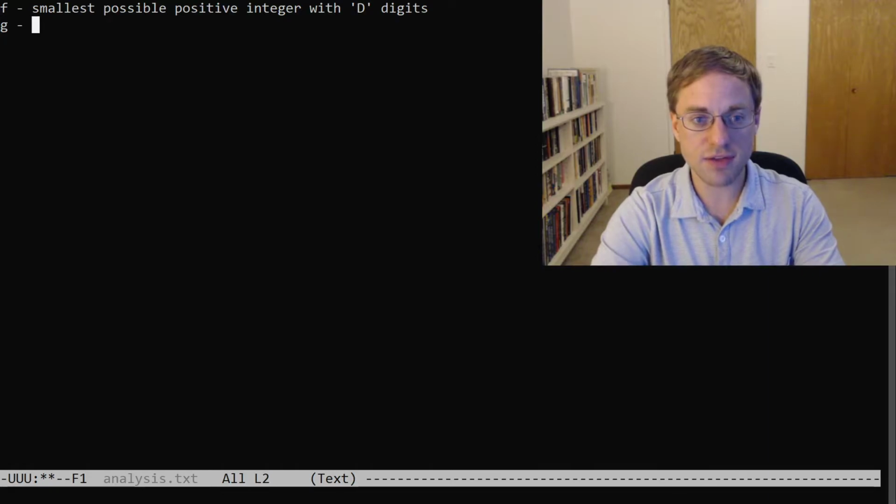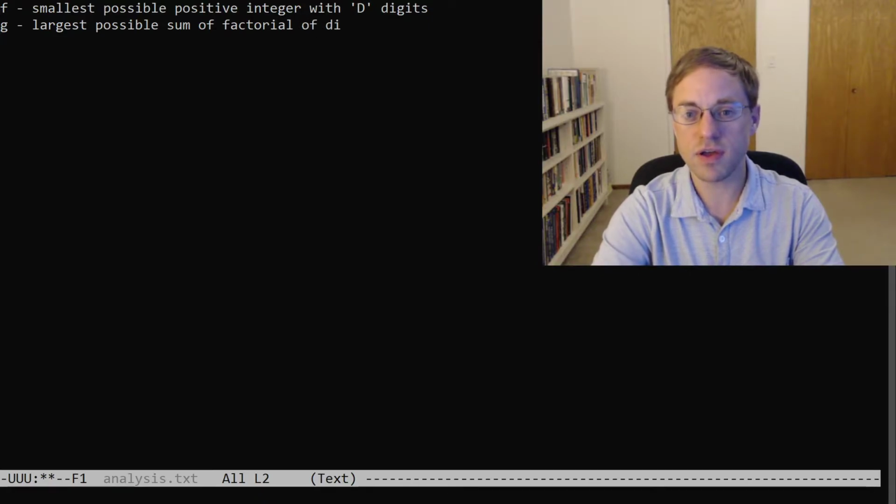And then g is going to be the largest possible sum of factorial of d digits.